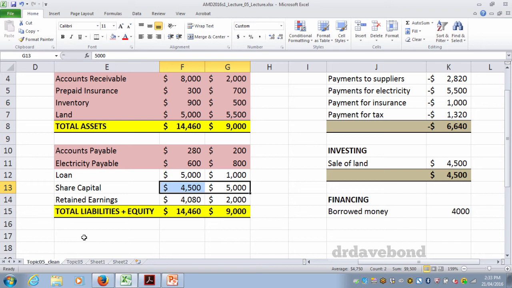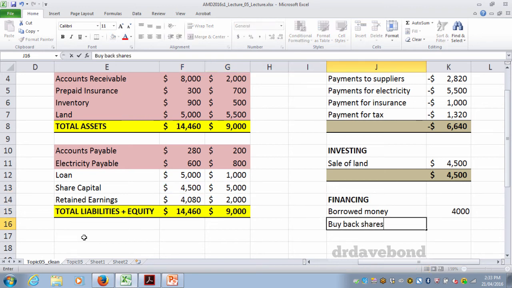In that, it's likely to be something like a share buyback, where instead of issuing shares, they've bought back some of the shares that are out there. And without additional information, we can only assume that they've done so at the issue price. We don't know anything else. So we bought back shares, and we bought back 500, because you can see it's gone from 5,000 to 4,500.